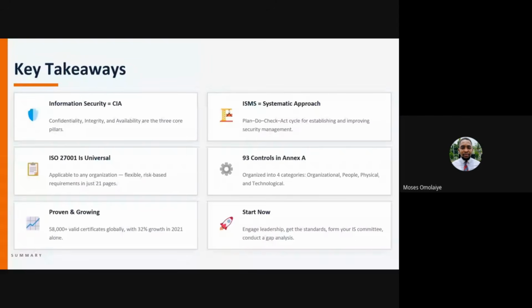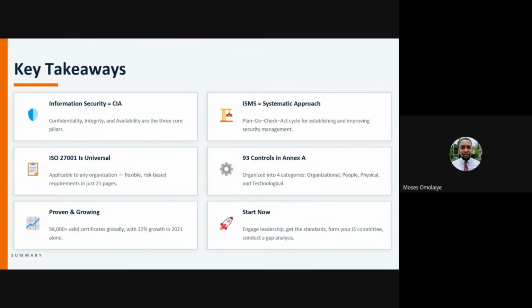So, some of the takeaways are that information security rides on the bedrock of the CIA triad, which is confidentiality, integrity, and availability. Then ISO 27001 is universal, like we said, and it is proven, and we can see that it is growing globally. In 2021 alone, it had recorded a 32% growth.